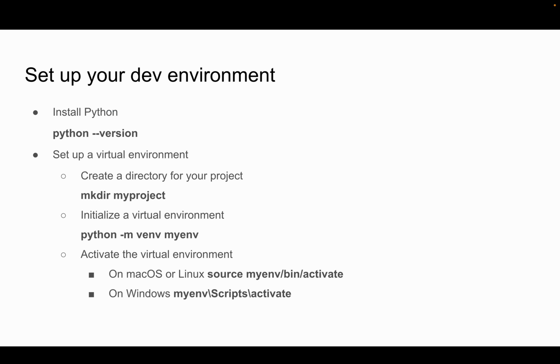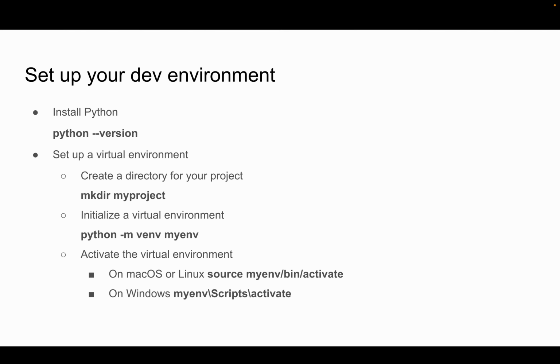Okay, so here we are going to set up your dev environment. First, make sure you install Python on your computer. Whether you are using Mac or Windows, if you are using Mac, you can just use Homebrew to install Python by running brew install python in the terminal.